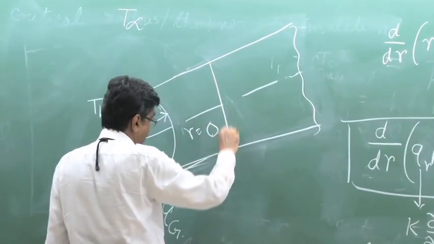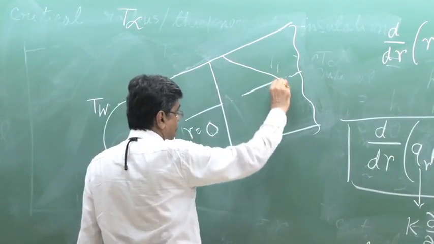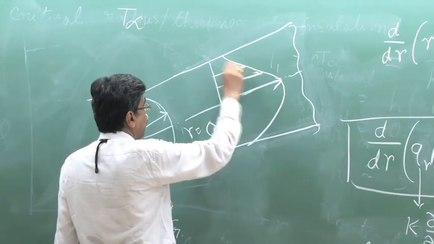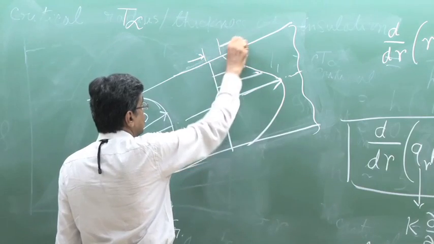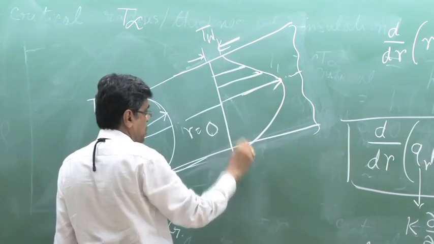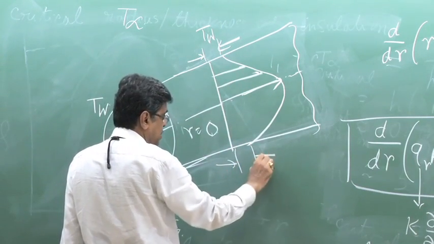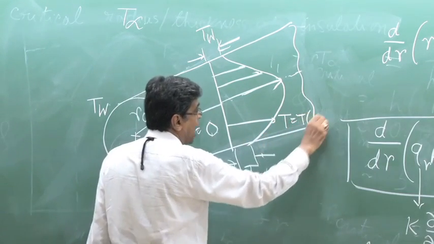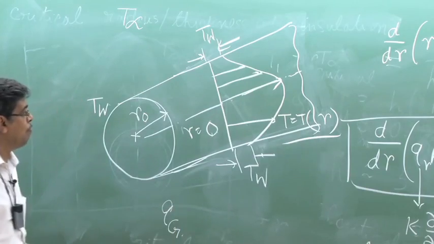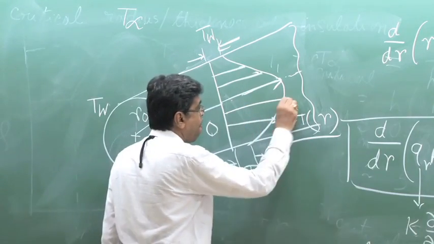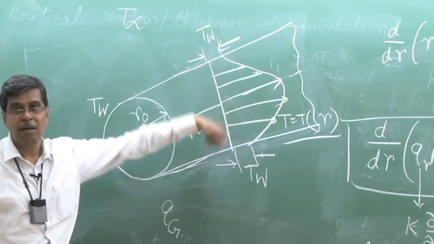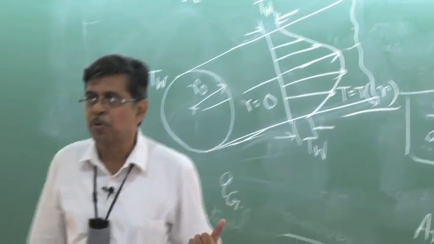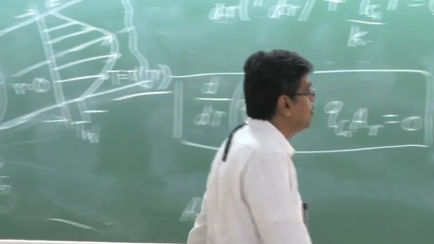Here this is the temperature scale, this is TW, this is TW, and this is T, T as a function of R. So that means it is a parabolic distribution, symmetric about R is equal to 0. Very simple.